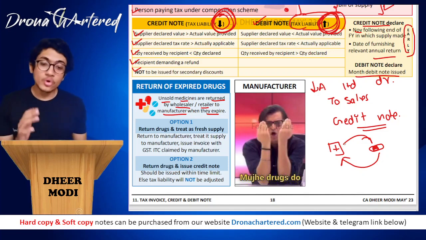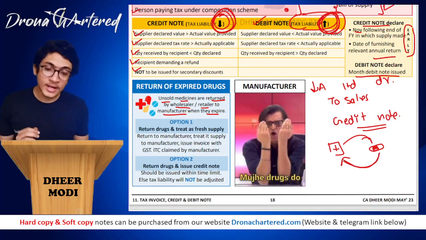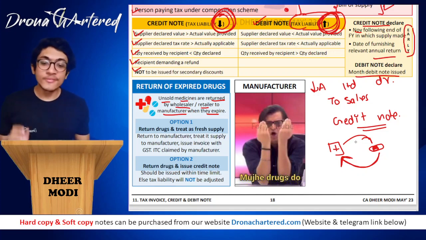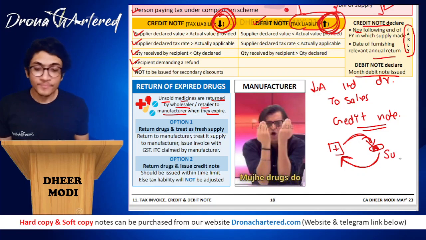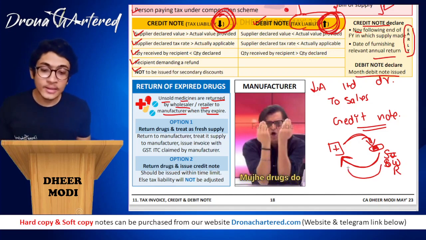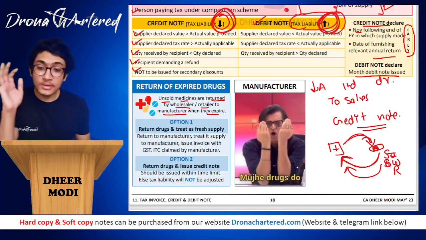Now, you have two options. When these medicines are being returned back to the supplier, you can return the drugs and this can be treated as a fresh supply. That means this was one supply, and when your wholesaler or your retailer is giving back to the manufacturing company, he can again raise an invoice on them and treat this as a supply.